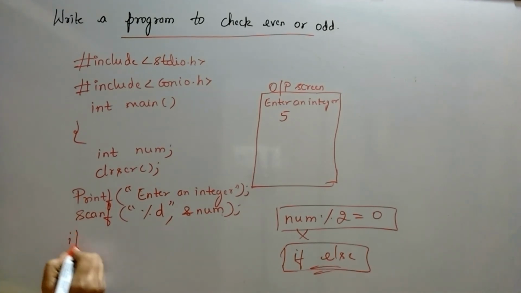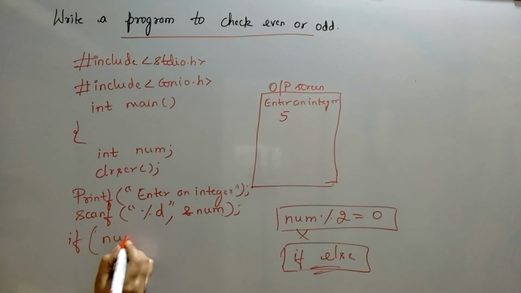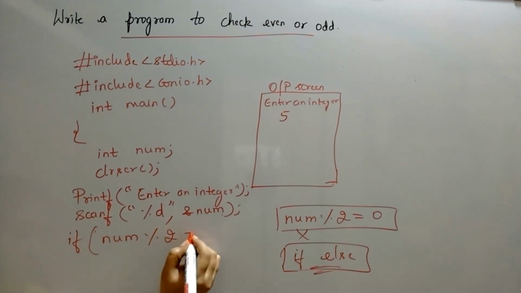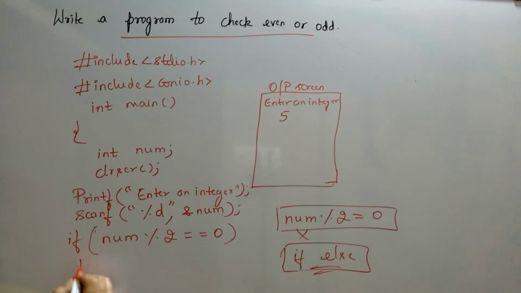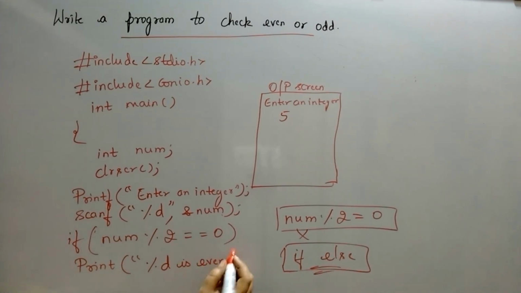Now if num mod 2 equal to 0, fine, if this condition is true, then printf, opening parenthesis within the double quotes, %d is even, close the double quotes, comma, where will it be stored?